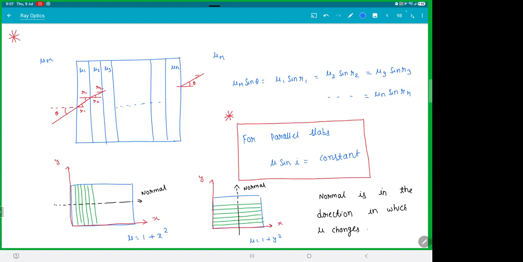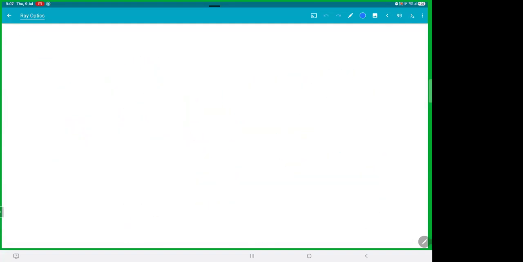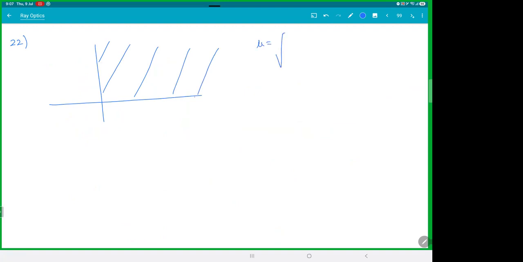Now the actual question on this. So you need to know all the story for this question. Let's say I created a hypothetical medium. The whole first quadrant is filled with a refractive index mu, which is equal to root over 1 by 4 plus 1 by y square.